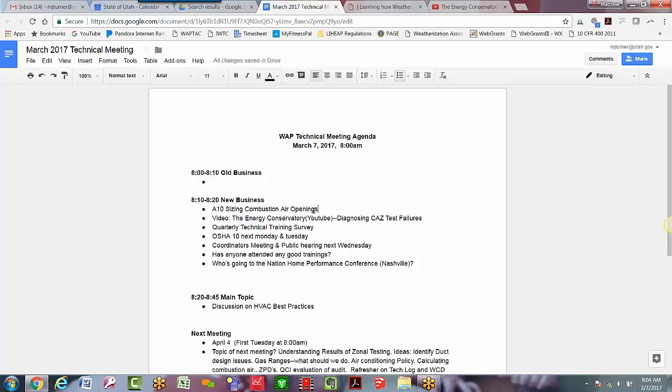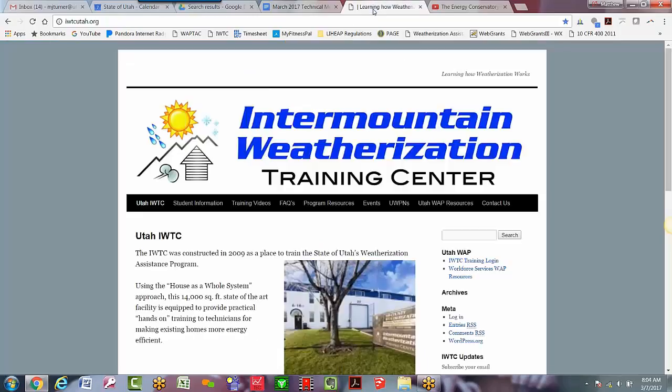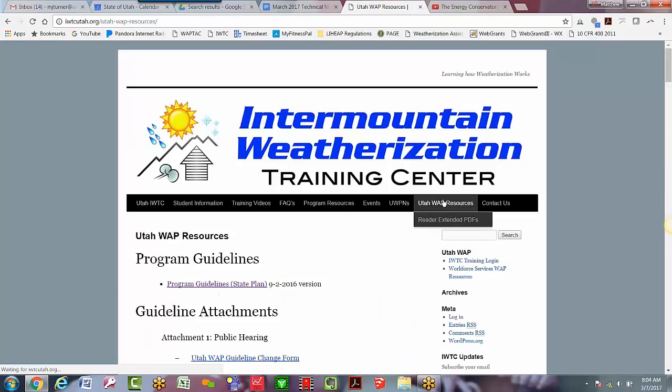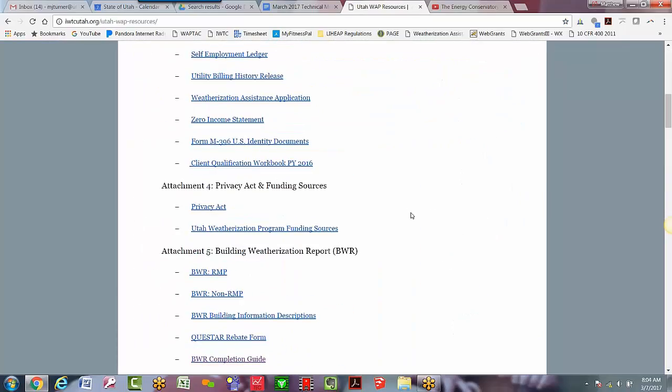One agency pointed me to something that I think Wade pointed out when he does his RMGA, but I just made the resource and put it on our website. There's a form that could be helpful to size your combustion air openings. I titled it Form A10 and put it on our website, on the Utah WAP Resources tab, down in the audit section.